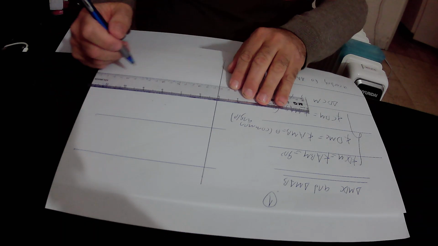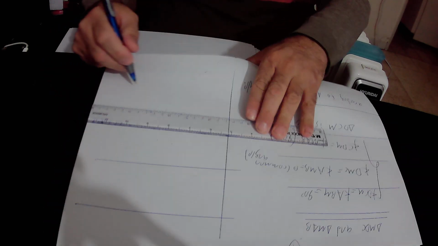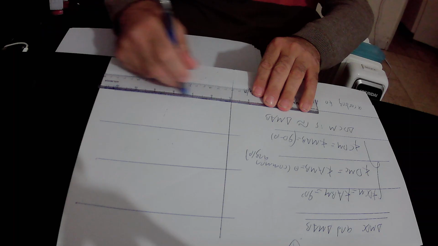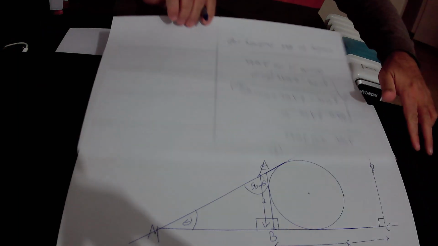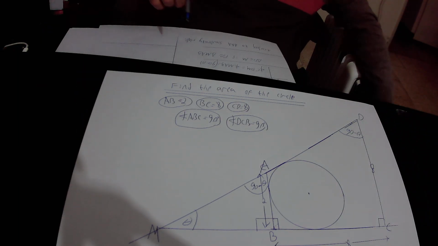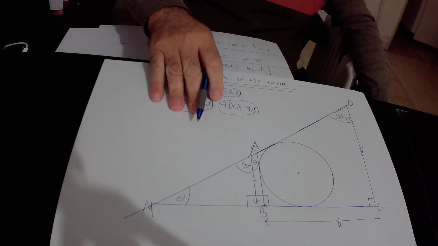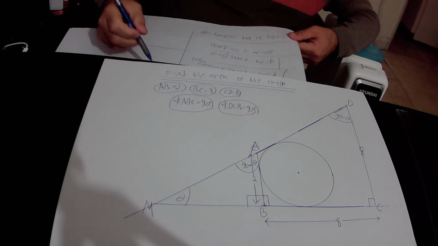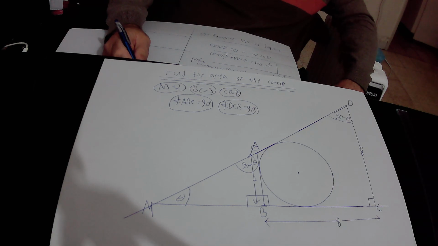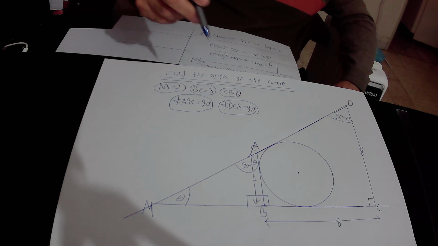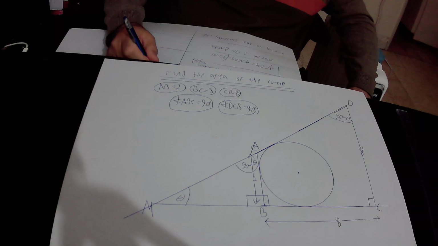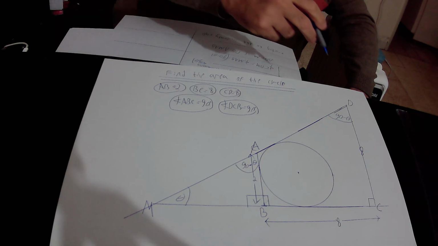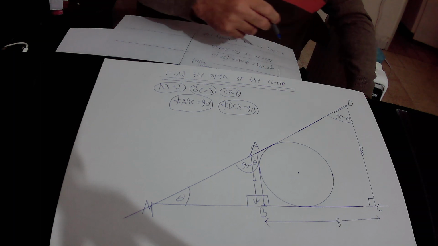We conclude that side MC in the big triangle over side MB, the small triangle, equals to side DC in the big triangle.